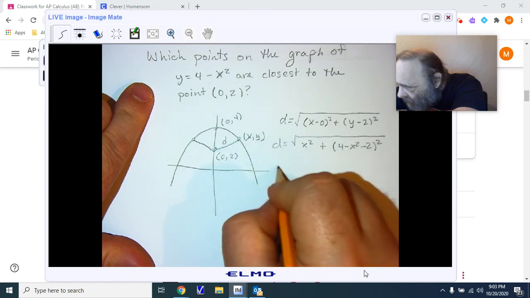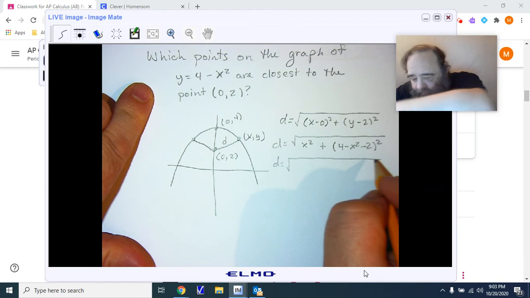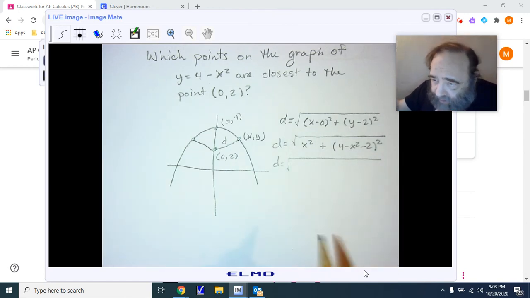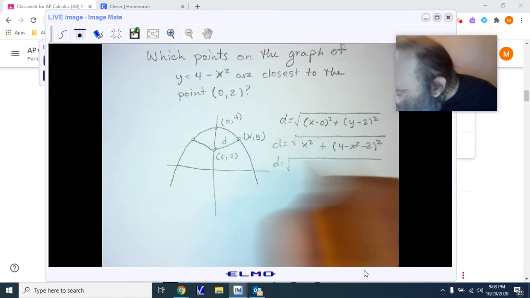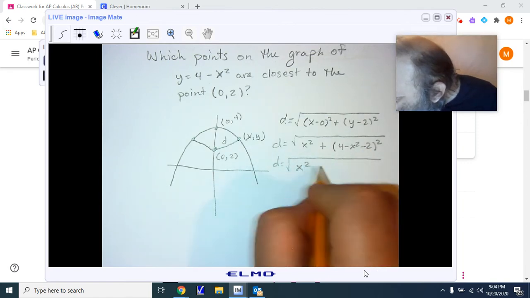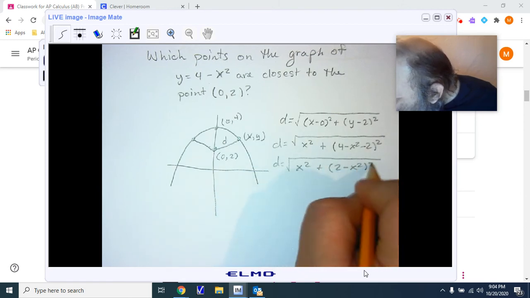I'm going to keep simplifying this until I get to one single equation. And that one equation has to ultimately have just x's in it. You'll notice this is going to be x squared plus 2 minus x squared, the quantity squared.